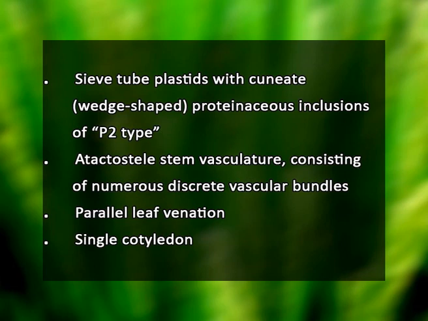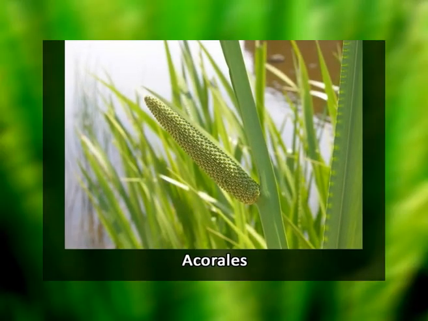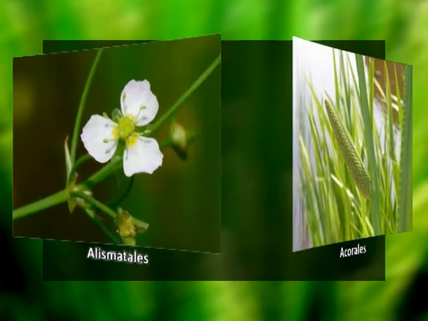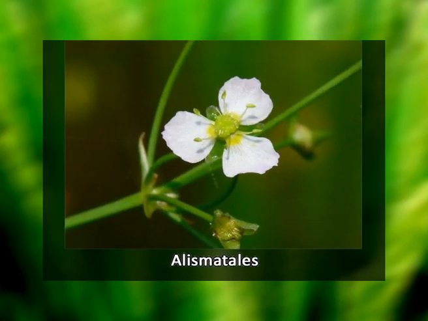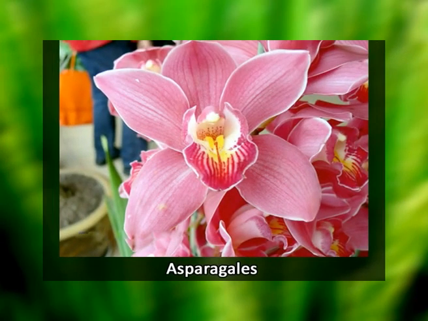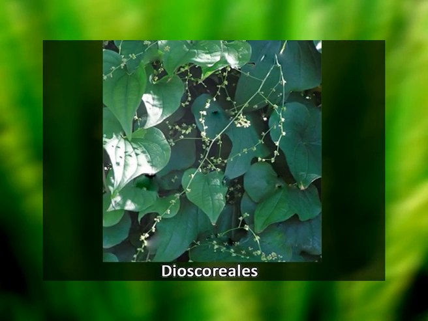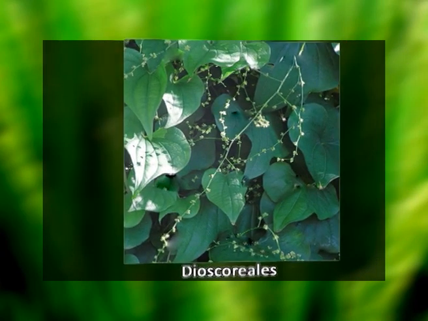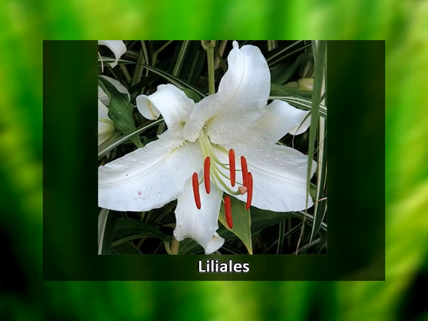a single cotyledon. The various orders that have been recognized under the monocots at present are Acorales, Alismatales, mostly the aquatic herbs, Asparagales, a large order wherein we have the Orchidaceae family, the orchids, a diverse group of organisms. Then we have Dioscoreales, Liliales, the common lily family we have under Liliales.